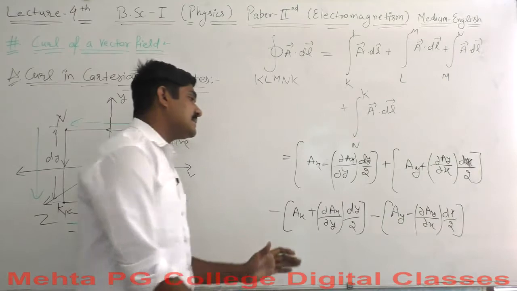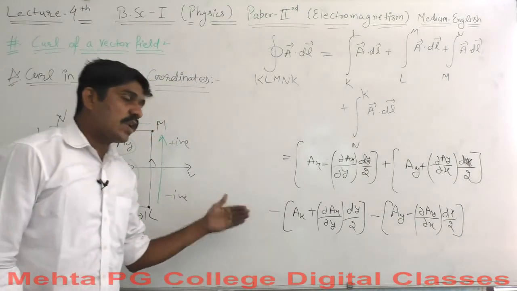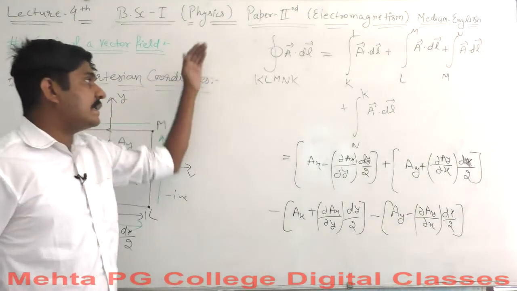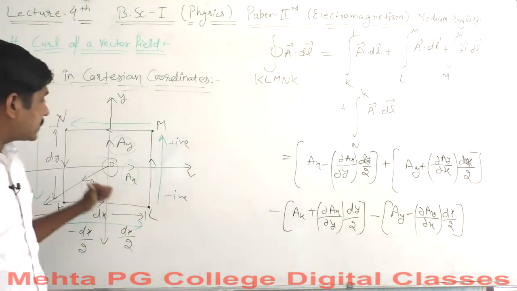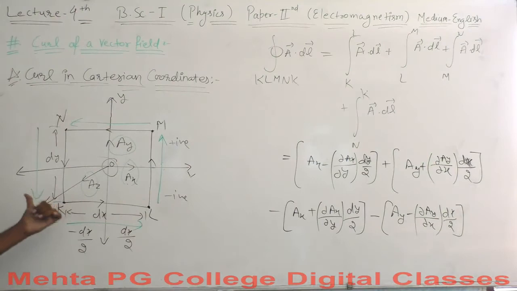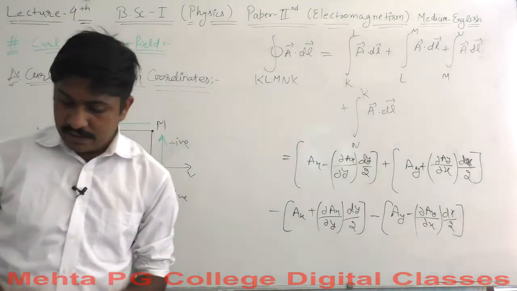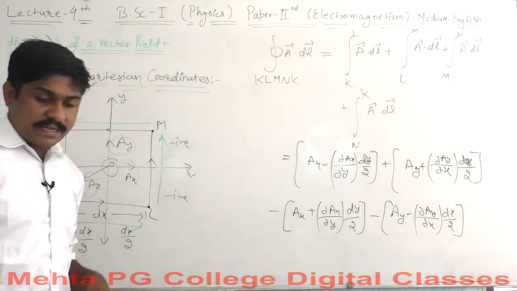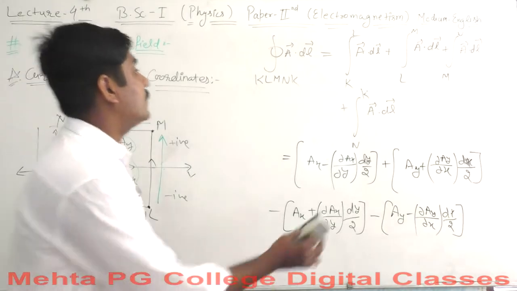So this is what it is. After solving all of this, we will get the line integral along KLMNK, and the direction was in the z direction, so this will be the z component here. After solving, let me clear this off. So what will we get after solving?